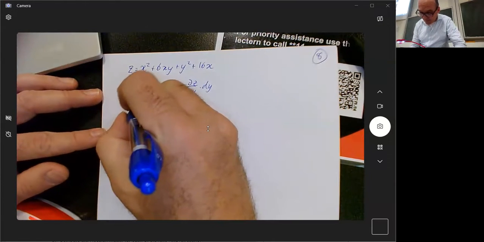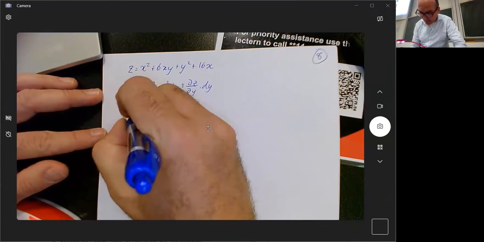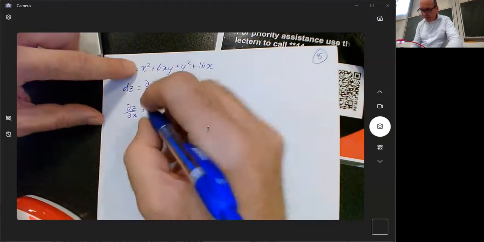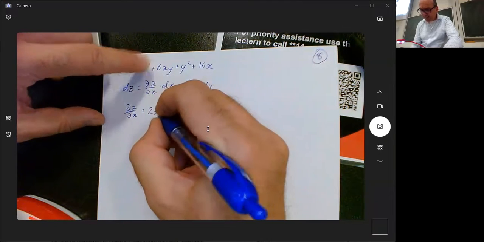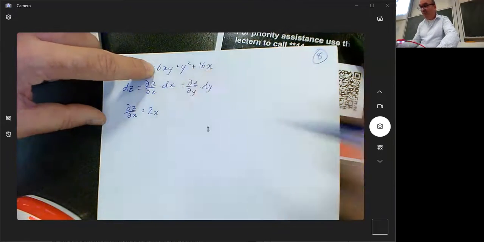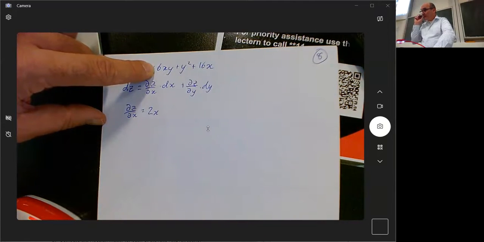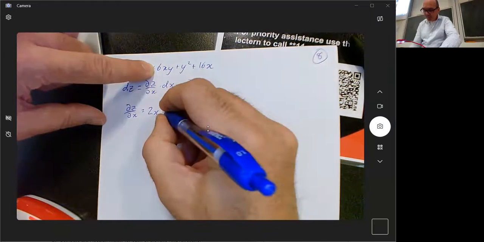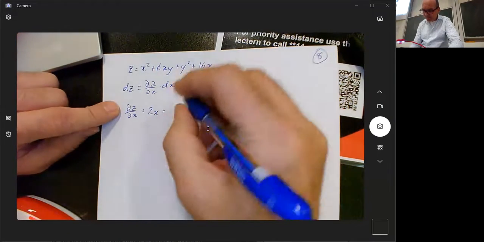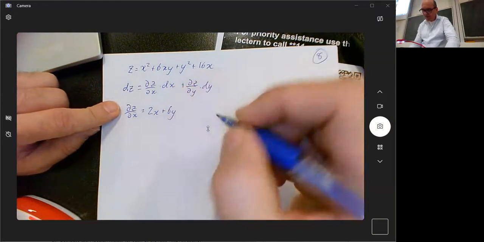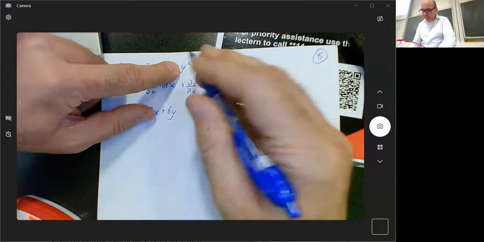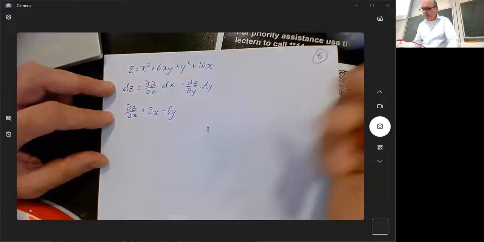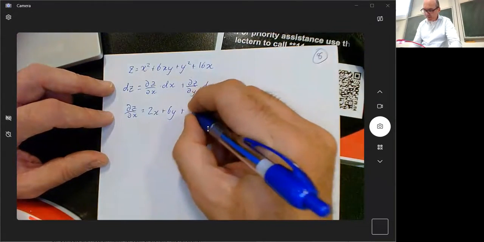So let's do my partial of z with respect to x. Here, that's going to get me just 2x. With my 6xy, remember y is being held constant, so it's like the same as the 6, so this is going to be 6y. If this is a constant, when I differentiate with respect to x it goes to 0, and so I'm going to get plus 16.